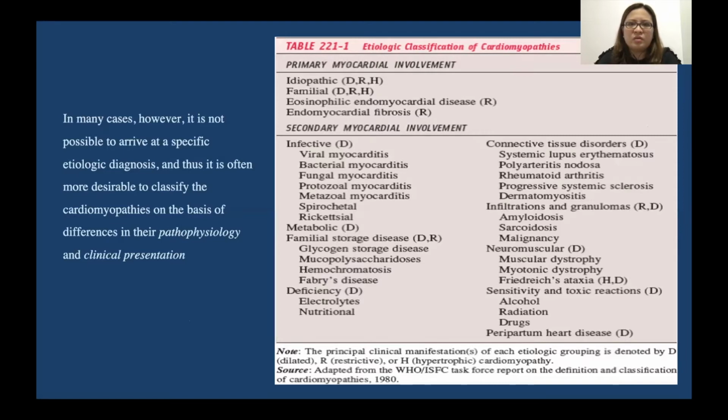This table now shows to us the etiologic classification of cardiomyopathy as to primary or secondary. In many cases, however, it is not possible to arrive at a specific etiologic diagnosis because there is an overlap, and thus it is often more desirable to classify the cardiomyopathies on the basis of differences in their pathophysiology and clinical presentation.